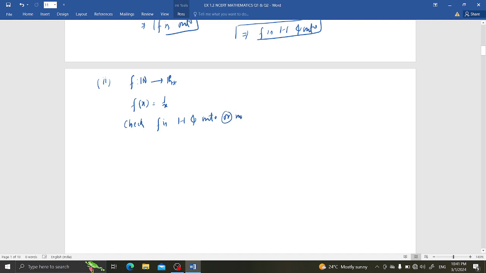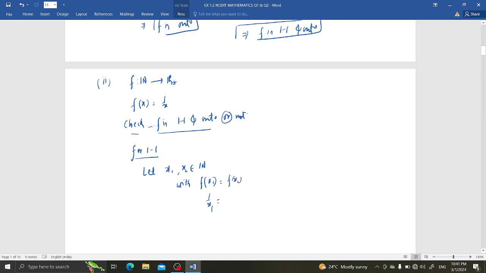Now how can we check? See here, for 1-1, let x1, x2 belong to the natural numbers with f(x1) equal to f(x2).